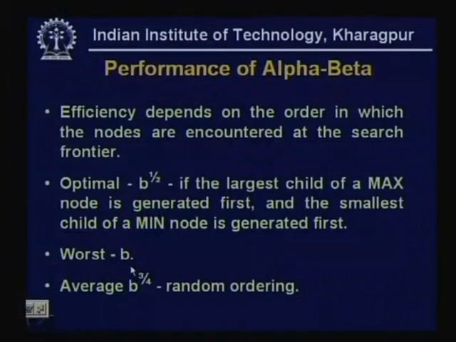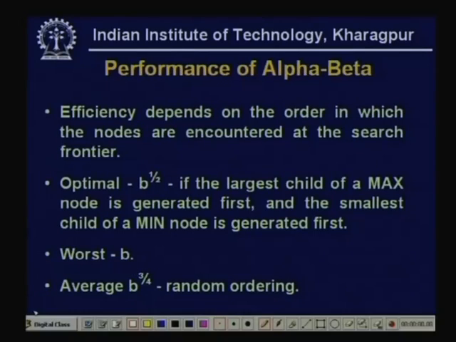So, the efficiency of alpha beta depends on the order in which the nodes are encountered at the search frontier. The optimal number of nodes expanded is order b to the power d by 2. So, this happens if the largest child of a max node is generated first and the smallest child of a min node is generated first. In the worst case, the complexity is order b to the power d.